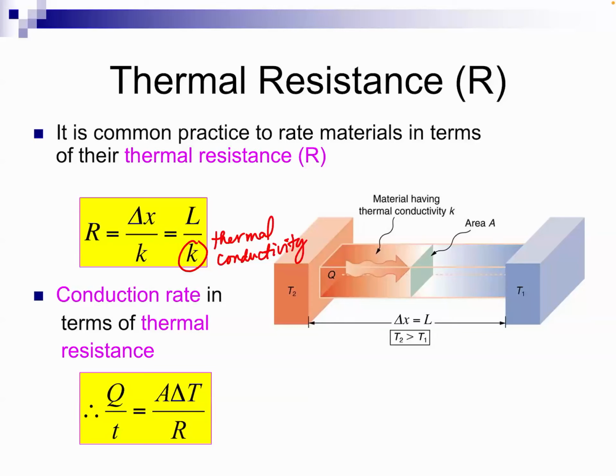L is defined the same way as before. It's the distance over which heat transfer occurs. So in terms of thermal resistance R, we can rewrite the rate of heat loss by conduction as this equation. Instead of K over L, we have 1 over R.